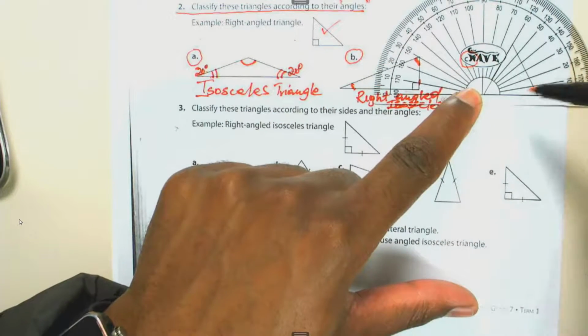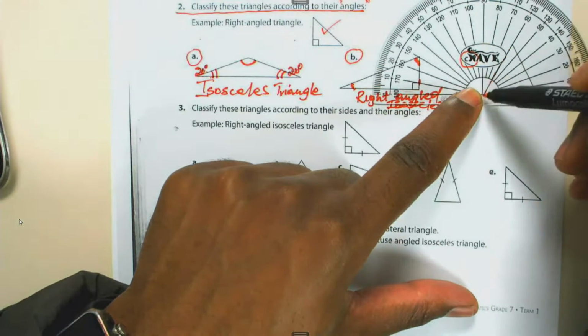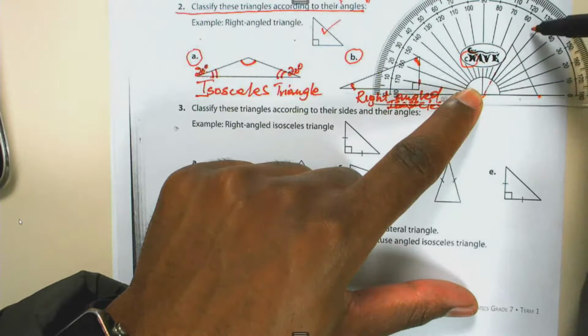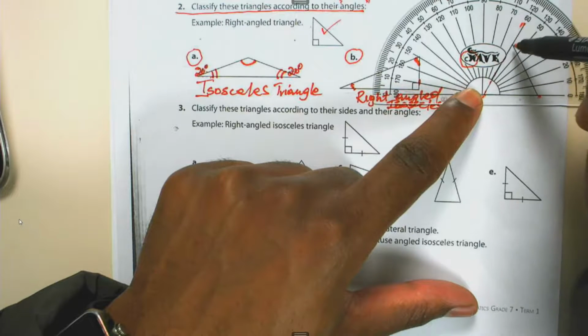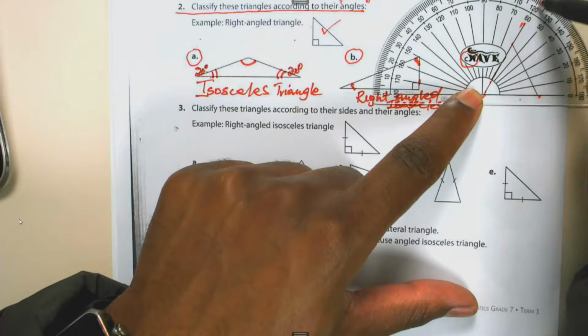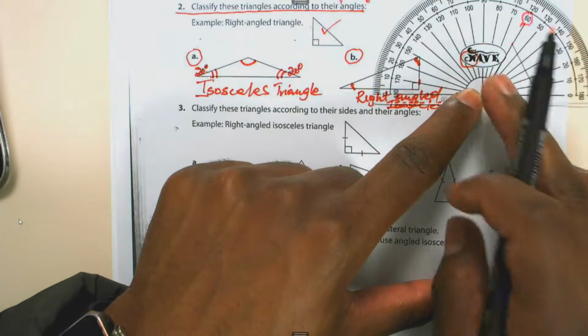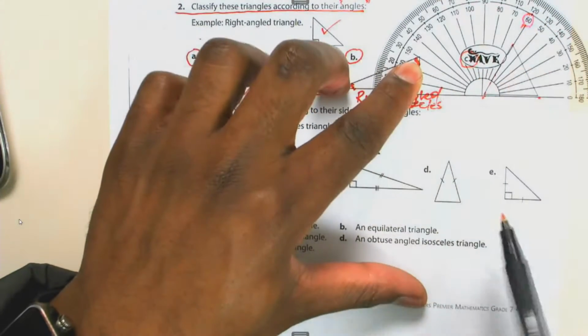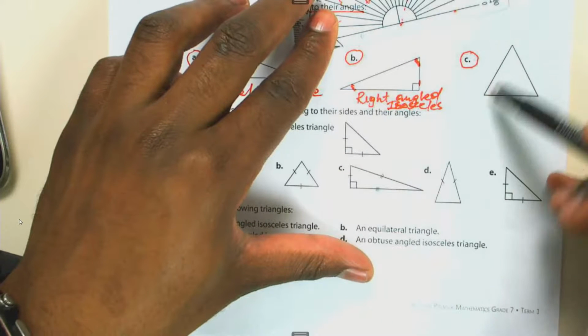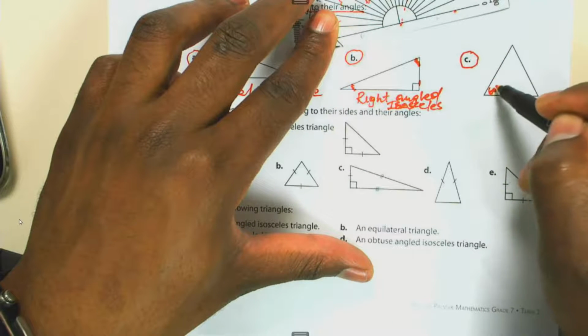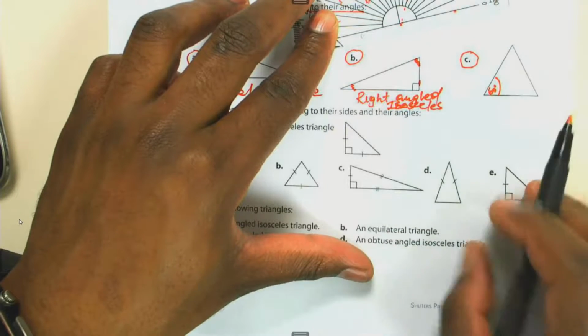In other words, I'm measuring this side. Everything will start here and then go in this direction. I will see that this line is somewhere here, and it equals 60 degrees. So I can write 60 degrees there. That is my angle there.